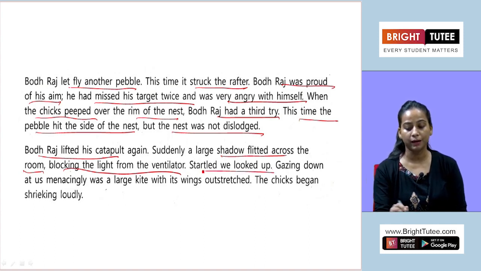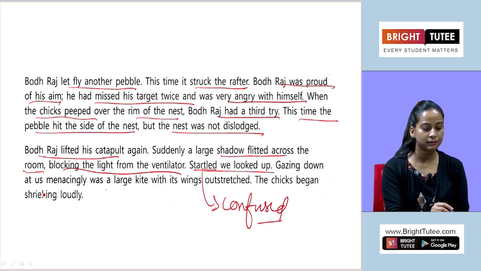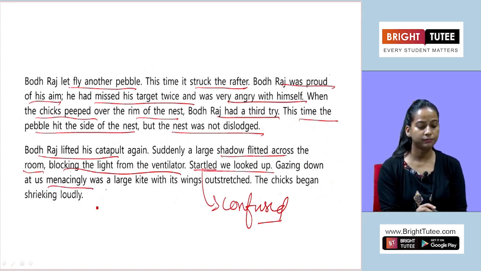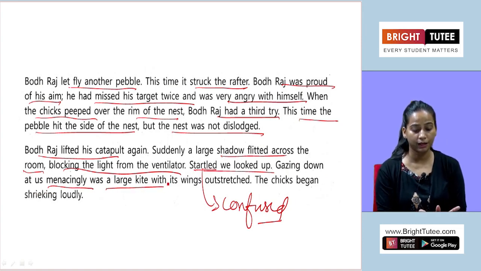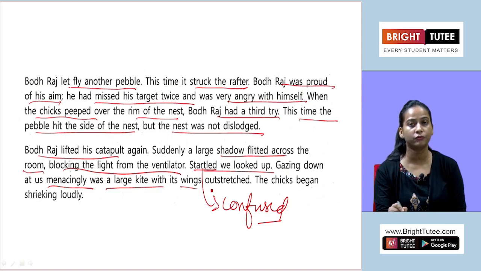Startled, we looked up, and both the narrator and Bodhraj looked up. Gazing down at us menacingly was a large kite. Another big kite was there with its wings outstretched.